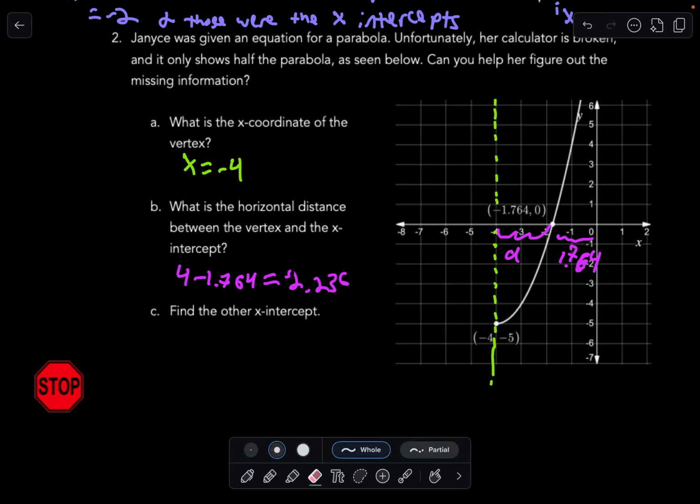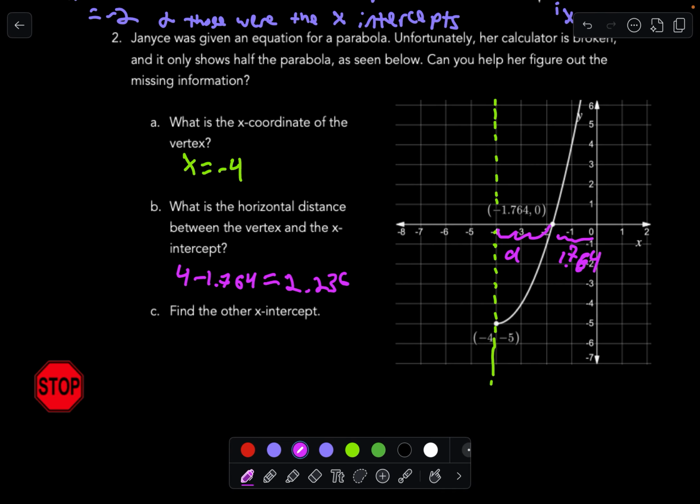You might want to double check that with a calculator. Take 4 and then subtract 1.764 from it. All right? So that's the horizontal distance from the axis of symmetry to one of the x-intercepts. So the other one will be d units this way.